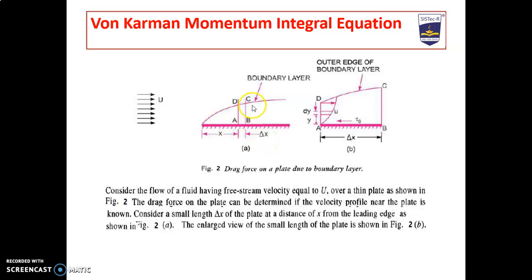A, B, C, D: we are considering a small thickness plate. AD is the entering side, BC is the leaving side, and DC is another entering side. Capital U is the free stream velocity. Small u can be considered the velocity at any point in the boundary layer.